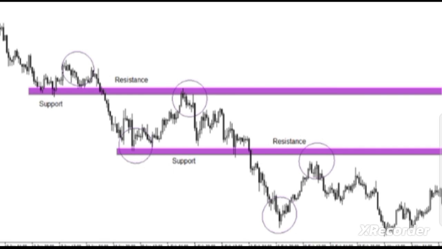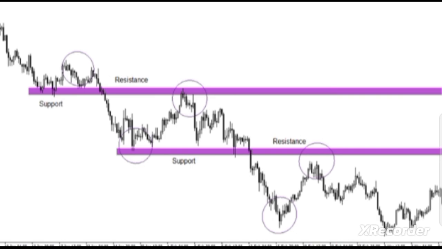We have to focus on how price moves, how price reacts at certain levels, how it reaches certain levels, and how it reacts after price has gotten to such levels.